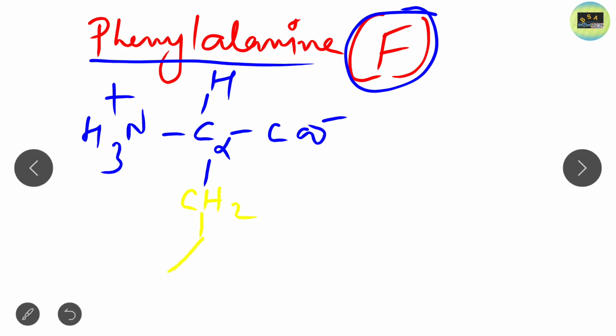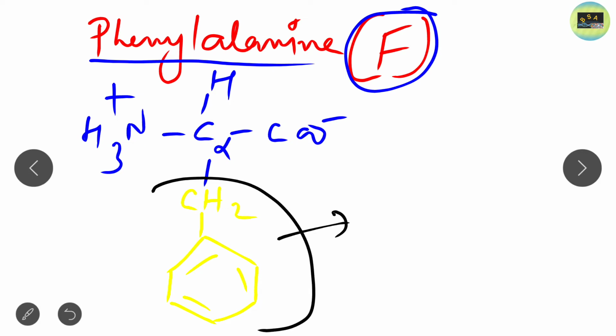So this is the structure of phenylalanine. This is the side chain of phenylalanine. An aromatic benzene ring is present in phenylalanine.